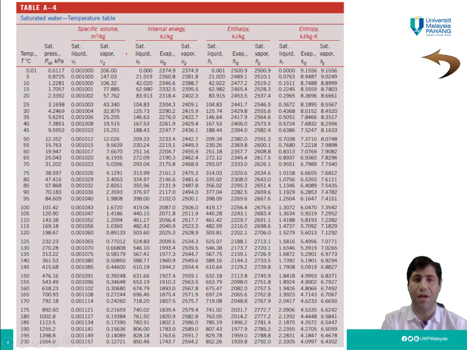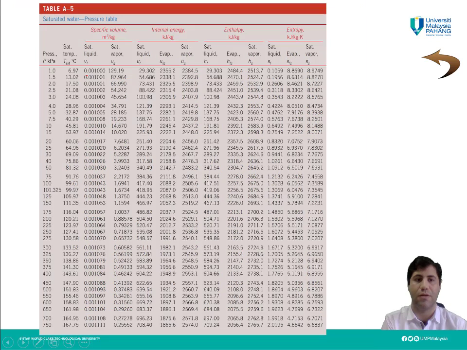We have a similar table according to pressure, and let me show you what that table is. Table A5. If you notice here, we have pressure, then saturation temperature. Again, it is for saturated water, but this one is the pressure table. Then again, specific volume, internal energy, and enthalpy.